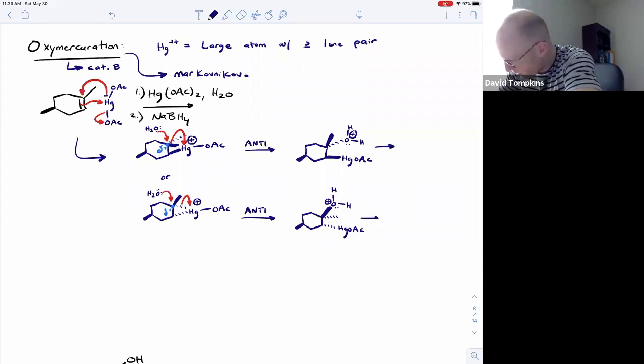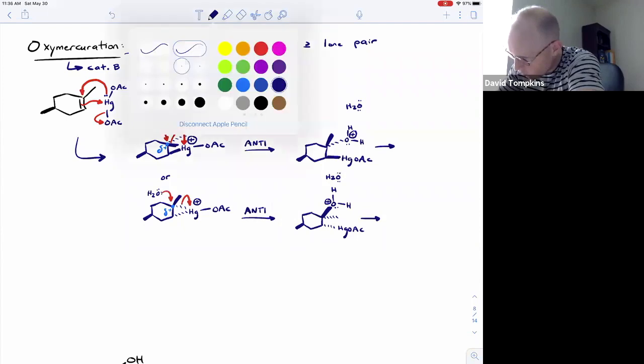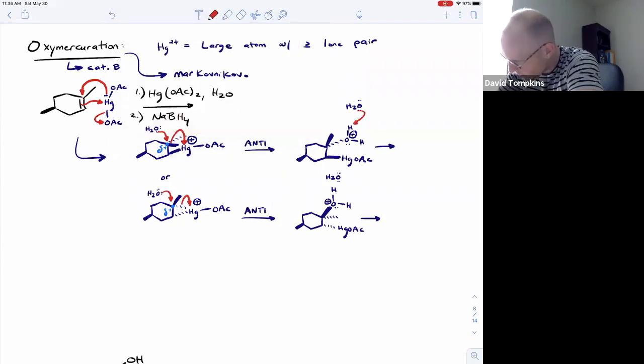So the final mechanistic step to get a neutral product after reaction 1 is to use a base in solution, such as another water, or you could use an acetate, and that water is going to deprotonate the acidic proton to give a lone pair back to the electrophilic oxygen.